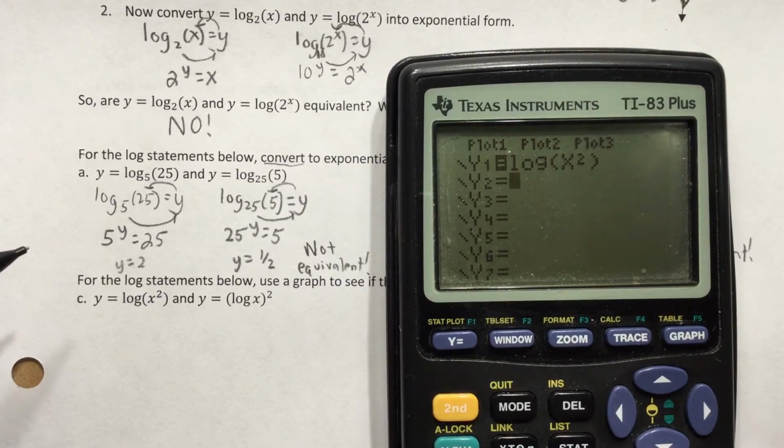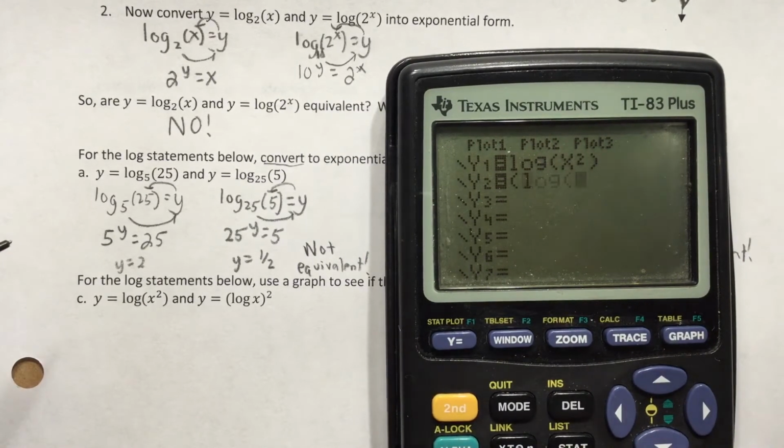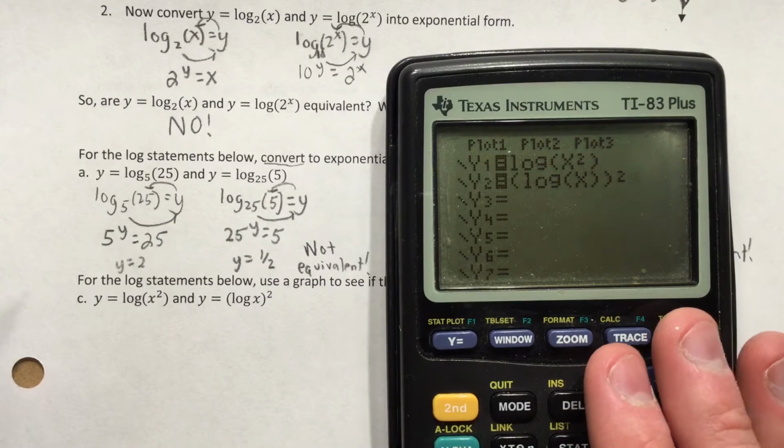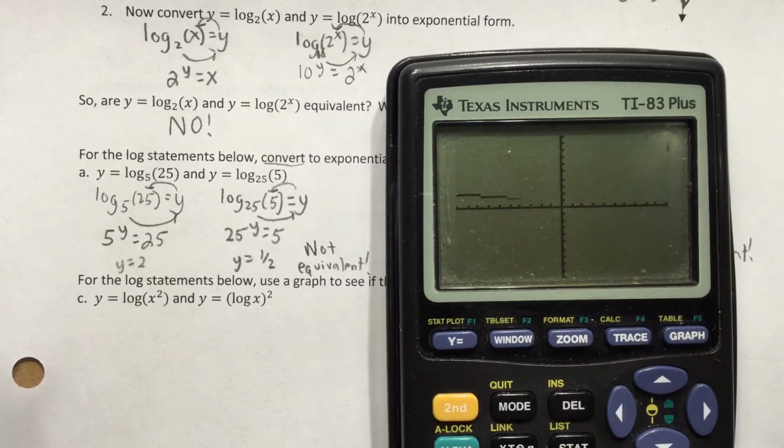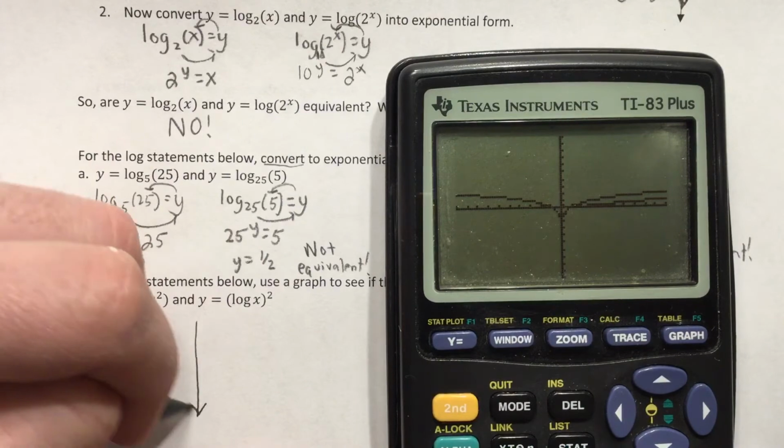And then we're doing log of x all squared. The whole thing is squared after that. And when I press graph for that, ooh, that's our first one. There's our second. So we can see that, nope, they are not equivalent.